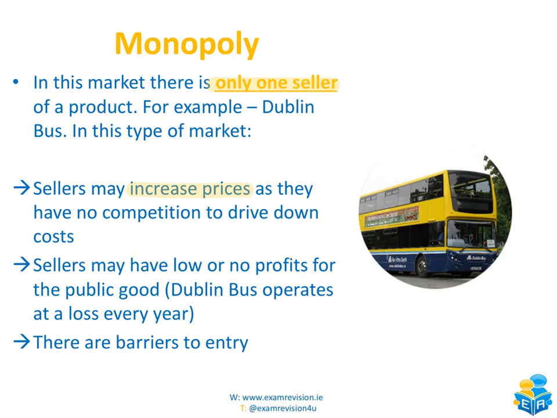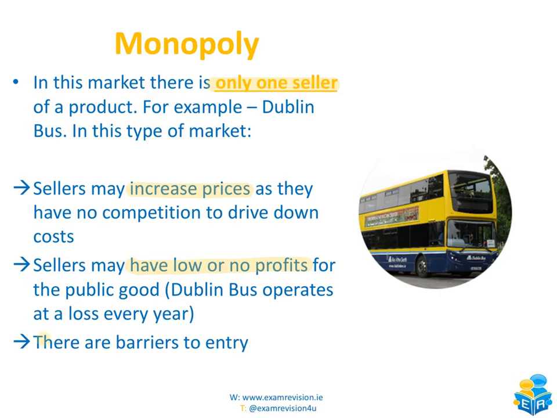But also sometimes sellers may have low profits or sometimes no profit at all, because sometimes organizations which are in a monopoly, they're in the monopoly for the public good. So for example, Dublin Bus is a government ran bus company, and so their main aim isn't to make a profit. They are a monopoly, but Dublin Bus actually operates at a loss every year.